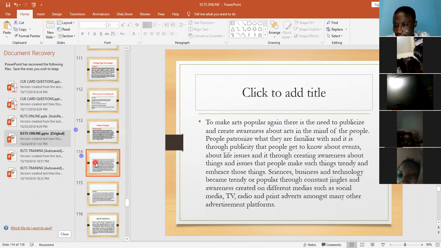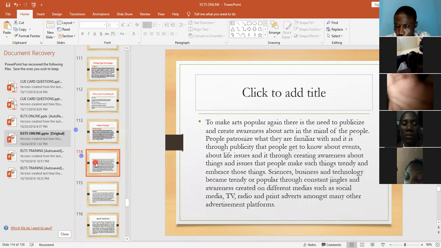And it also mandated that we profile solutions on how to make arts just as popular as science, business, and technology. So tonight, I initially took us to what we discussed the last time, which was about why science, business, and technology are so popular. And tonight we discuss the solution. This is the paragraph of the solution.